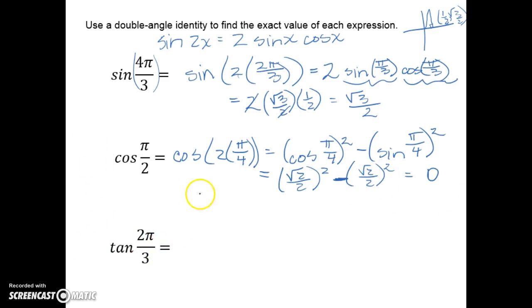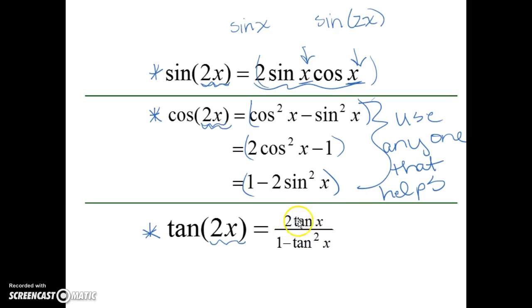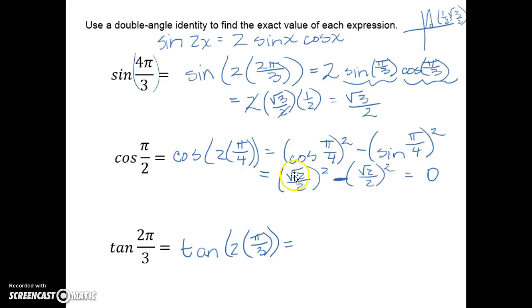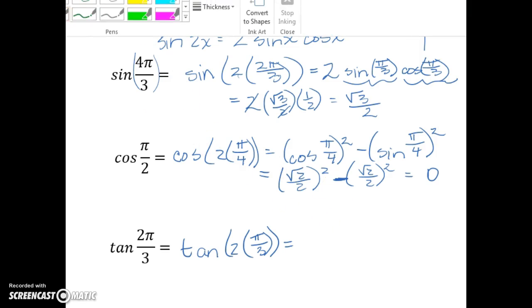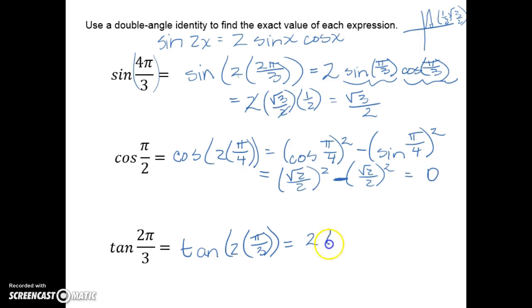Now let's do the same thing here with tangent. We have the double angle formula or identity. So that's going to be a single angle measure of pi over 3. So it's 2 tan x over 1 minus tan x squared. So it's 2 times the tangent of pi over 3 over 1 minus the tangent of pi over 3 quantity squared.